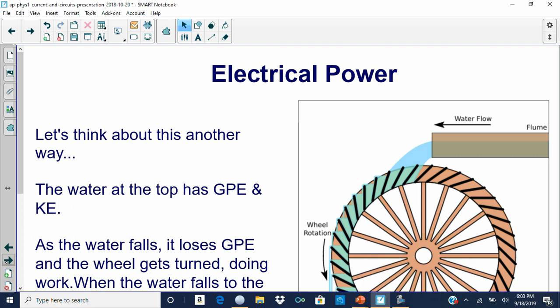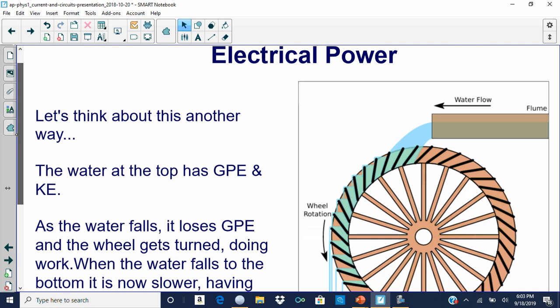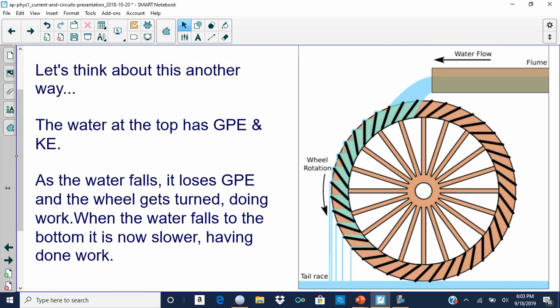So let's think about this another way. The water at the top has a gravitational potential energy and then also a kinetic energy because it's moving. So in future units, we're going to talk about this in more detail. Gravitational potential energy is due to a height. Kinetic energy is due to motion.